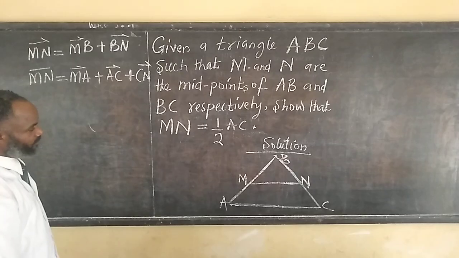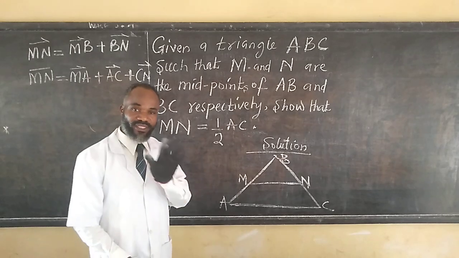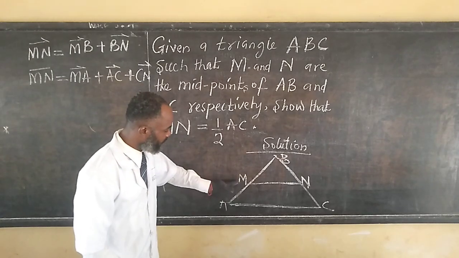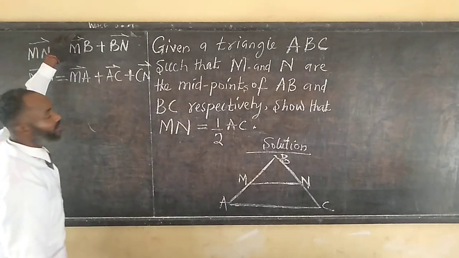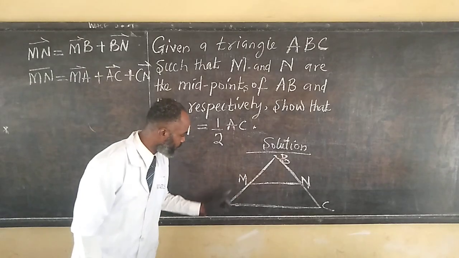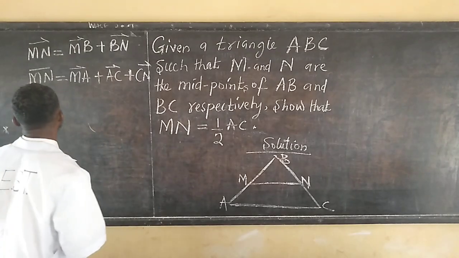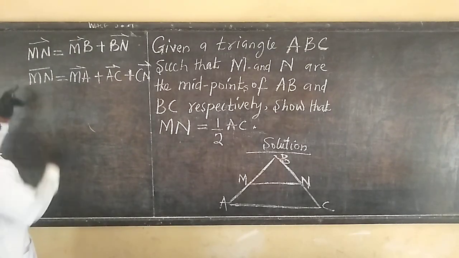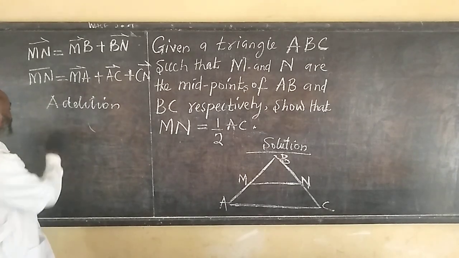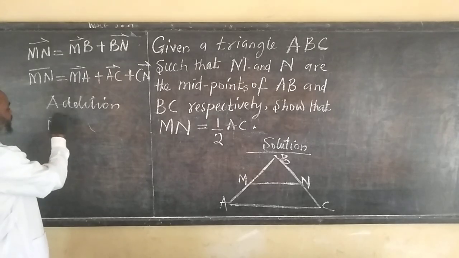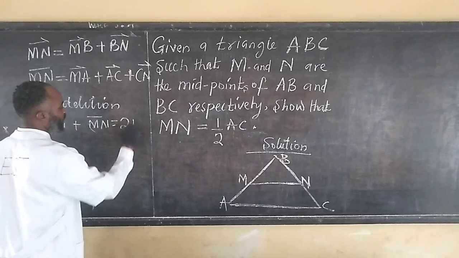So what do we do now? We want to make sure every aspect of the triangle has been taken care of. The first one is MN equals MB plus BN. The second one is MN equals MA plus AC plus CN. Now we apply addition: line MN plus line MN, so we now have 2MN.